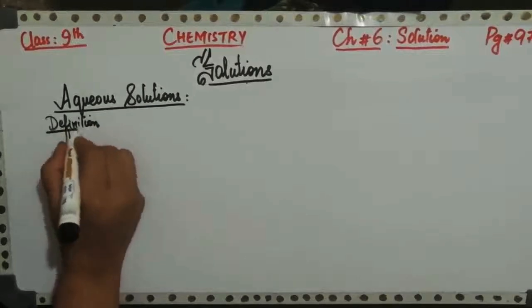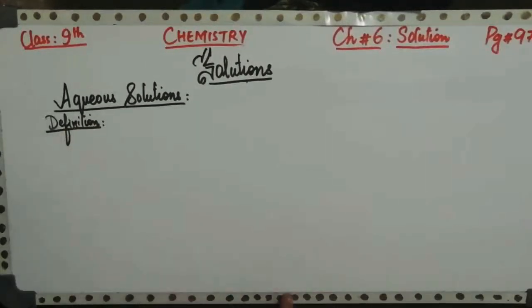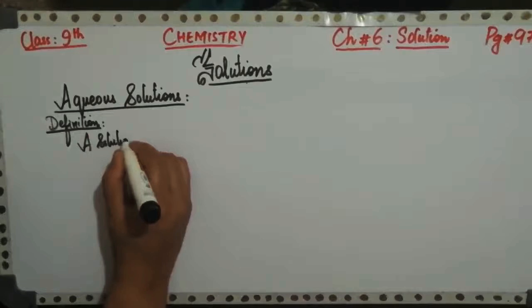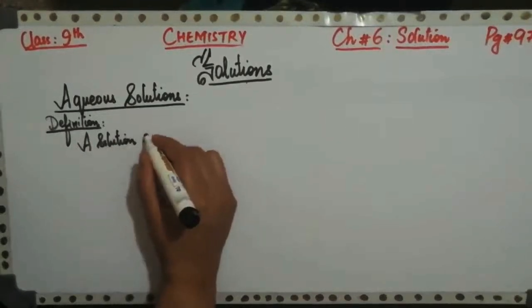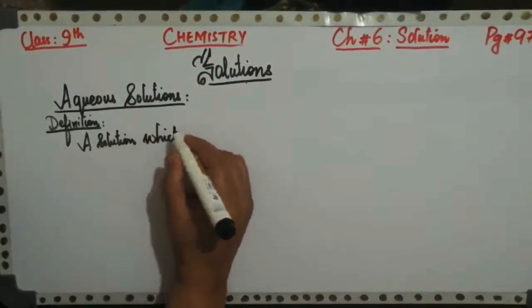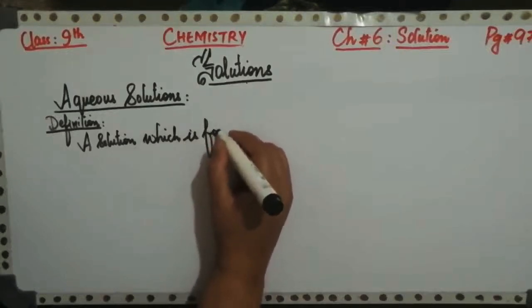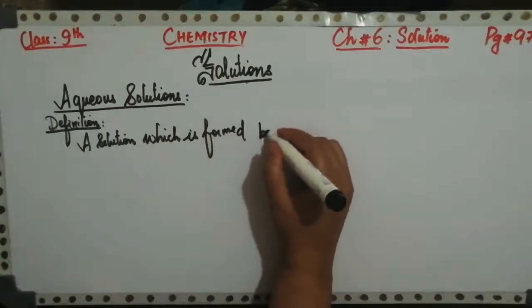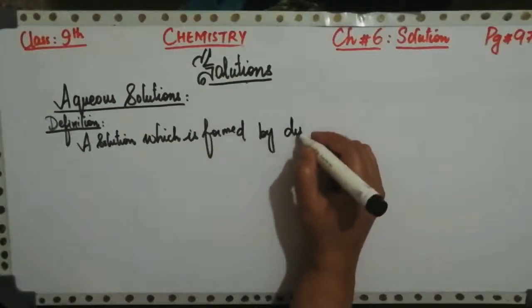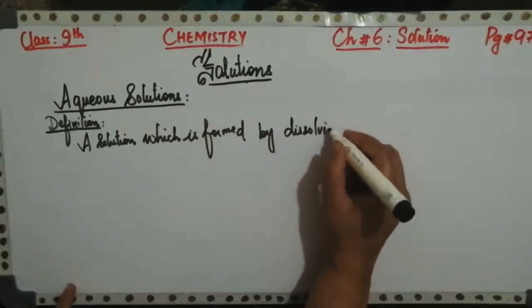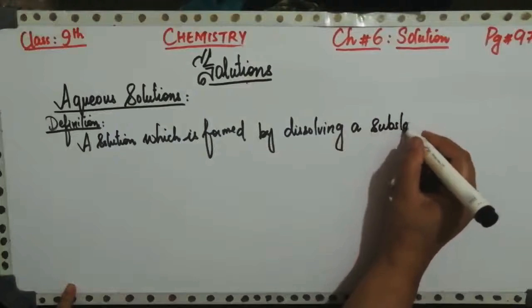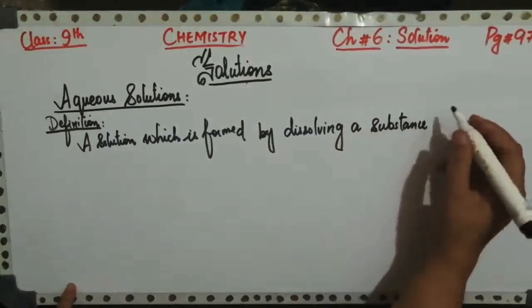Basically, an aqueous solution is a solution which is formed when it is formed by dissolving a substance in water.